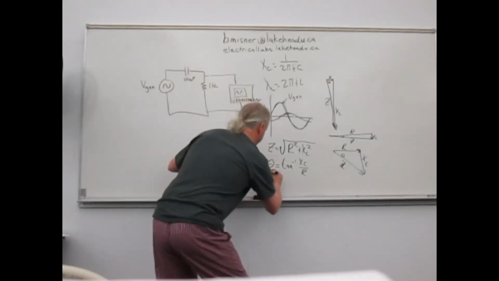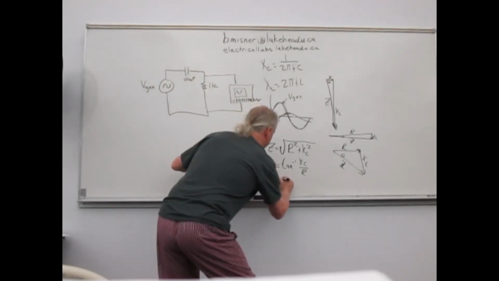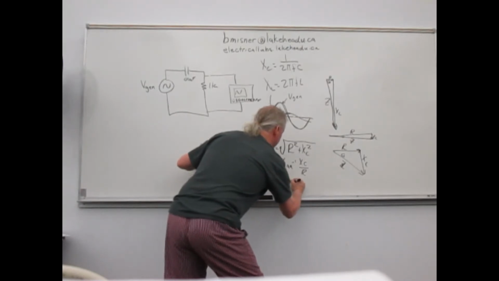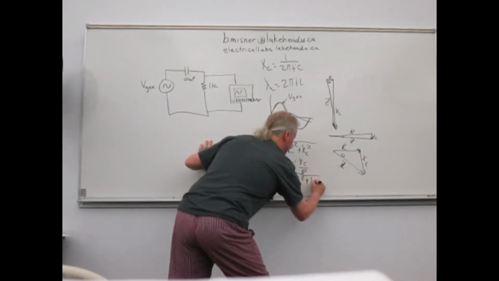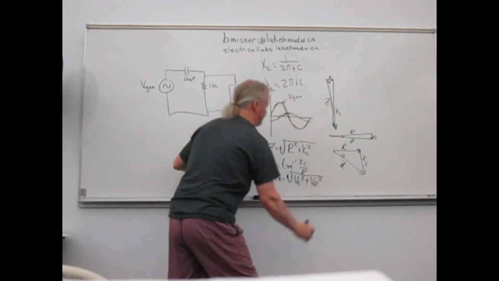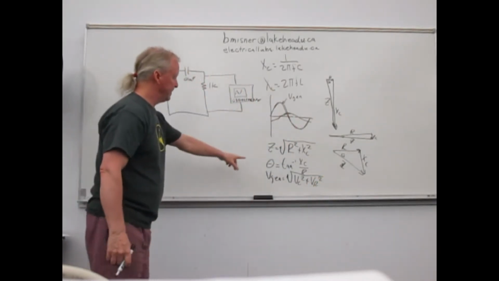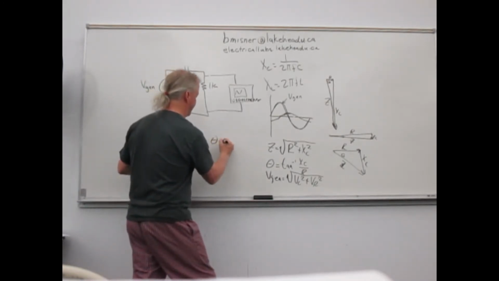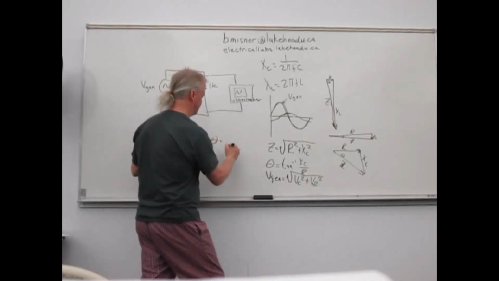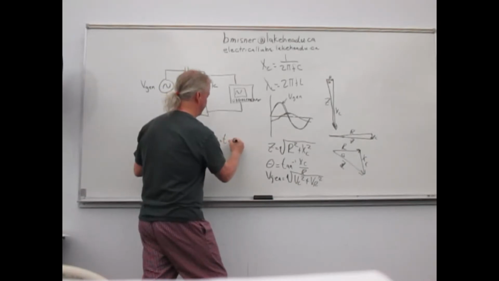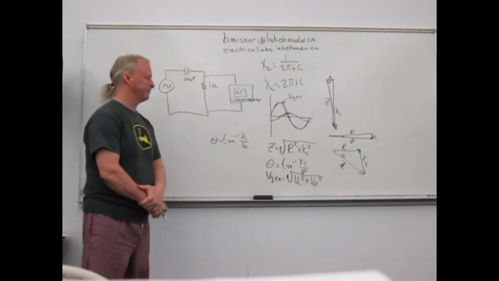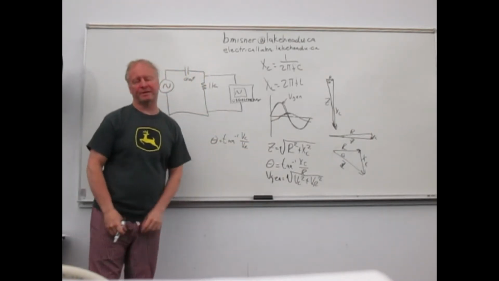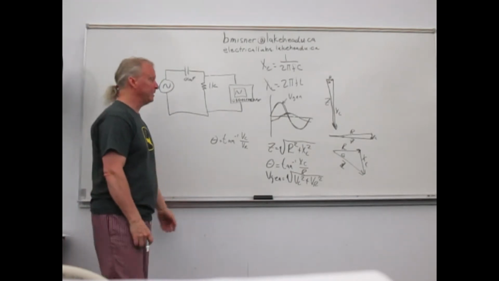So we can say V gen equals the square root of VC squared plus VR squared. And then I'll do this over here. Theta equals arctan VC over VR, right? And these should come out to the same values, hopefully, right?